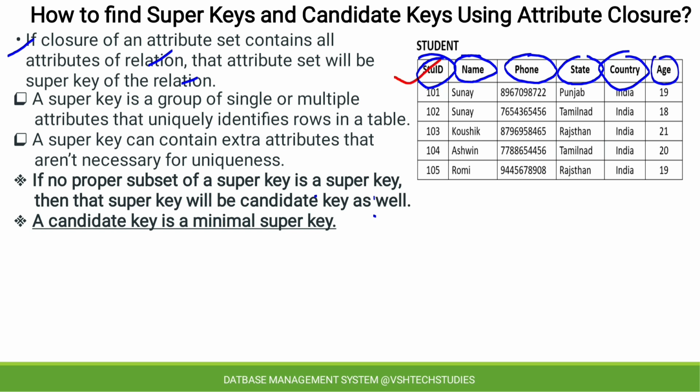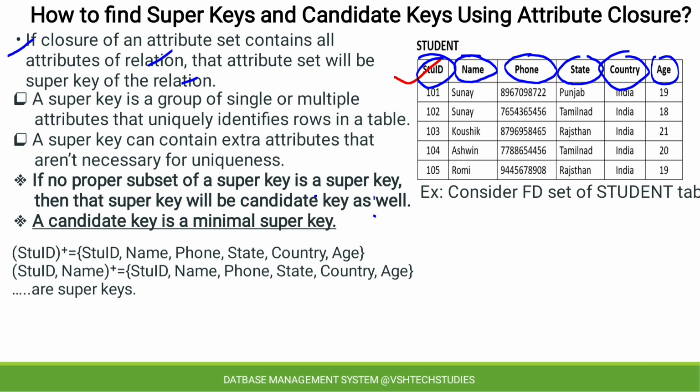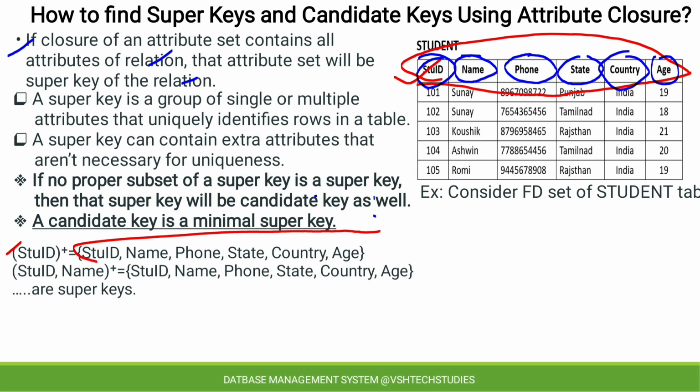Hence the closure of the student ID attribute, that is student ID plus, since it can determine the values of all the attributes including itself, is the set of all the attributes in the relation. So if the closure of an attribute contains all the attributes of the relation, then that attribute or set of attributes is called a super key.